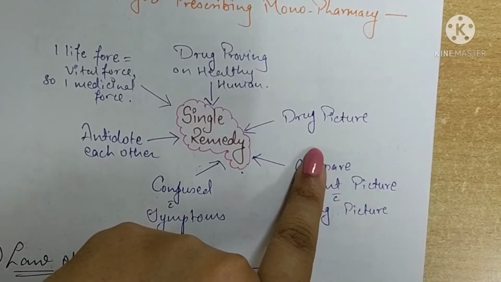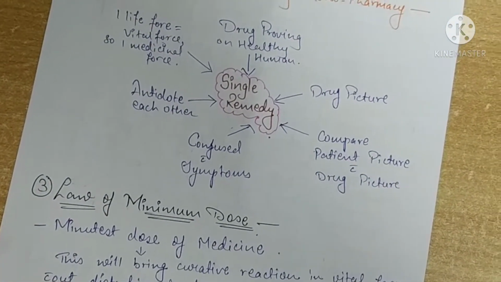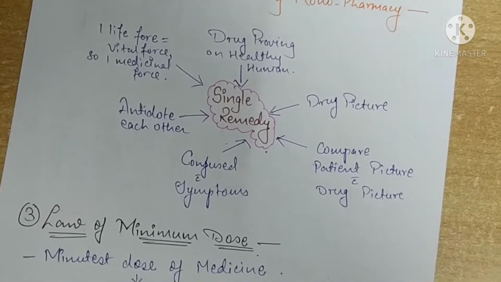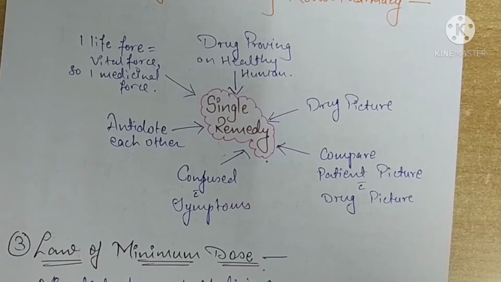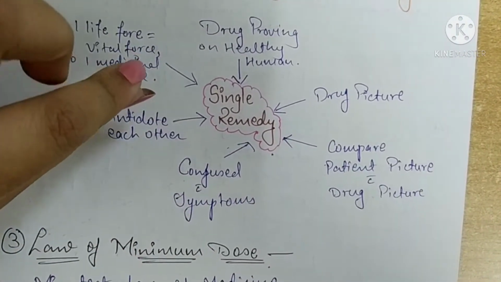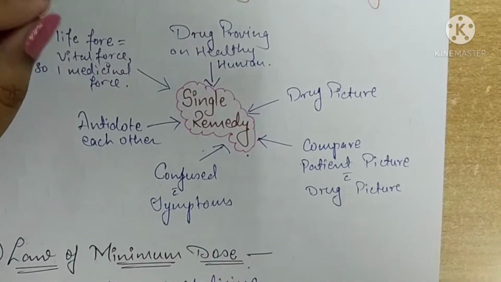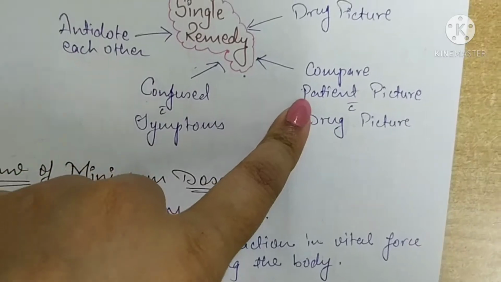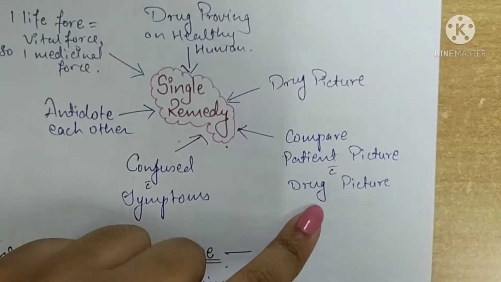The first reason is the drug picture. The entire drug picture is seen when a single remedy, a single crude drug substance, is introduced to a healthy prover. Only then will the drug picture be seen in its pure form. Second is comparing the patient picture with the drug picture.